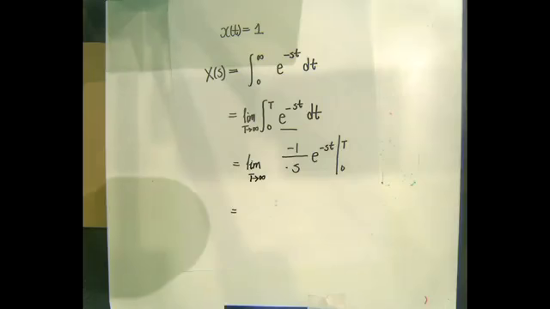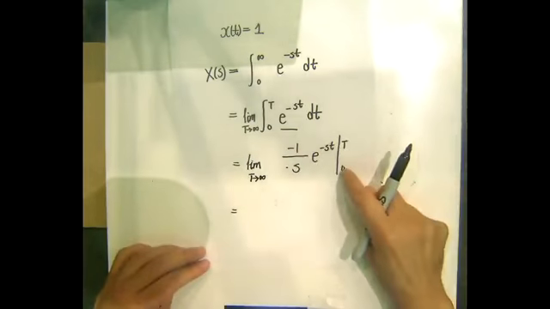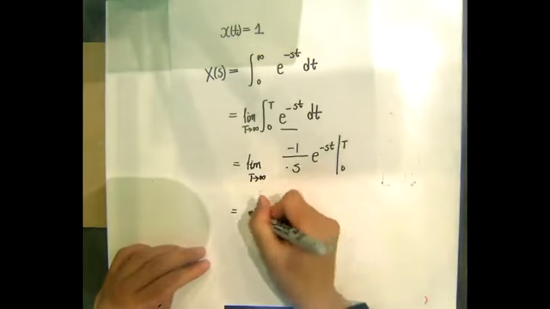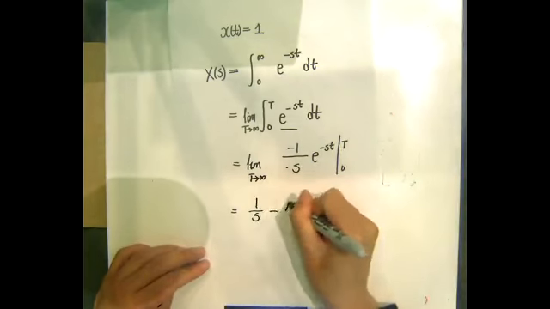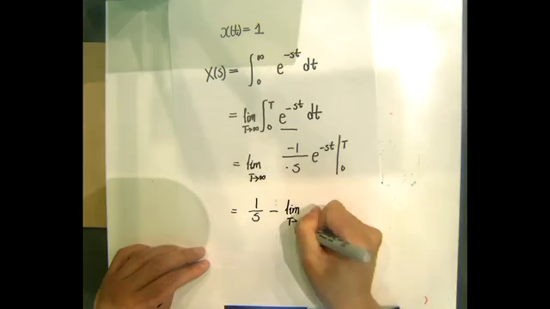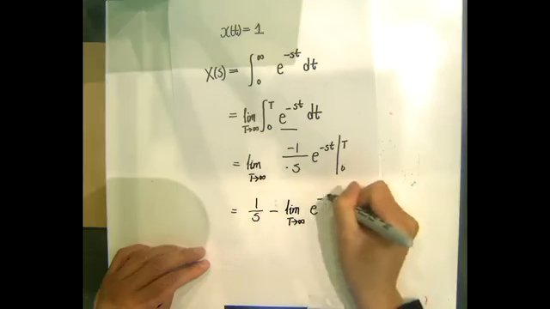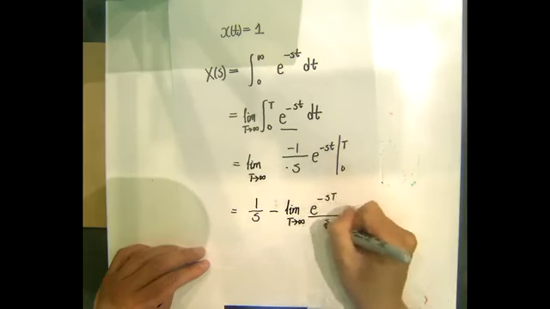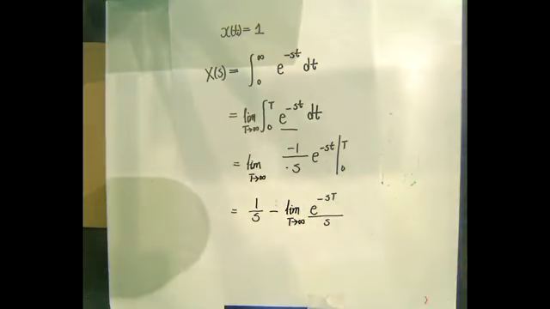Because it will be minus, I will use this one minus this one. So I will have 1 over s minus the limit as t goes to infinity of e to the minus st divided by s. Am I correct?